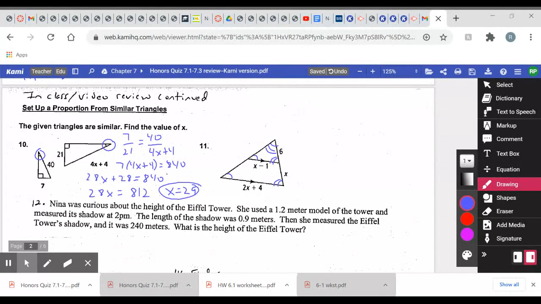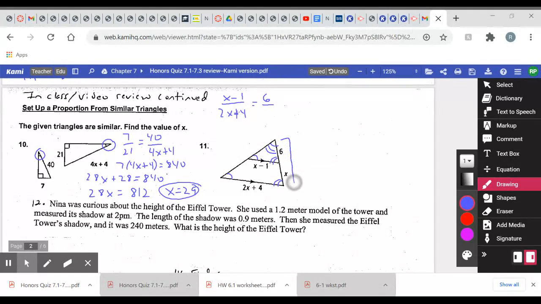Okay, so I basically have a small triangle and a large triangle that I can use to set up a proportion. So just make sure you stay consistent. If I go bottom of the small triangle, x minus 1, over bottom of the big triangle, 2x plus 4, that has to be equal to 6 for the small triangle that's between the 2 mark and the 3 mark.